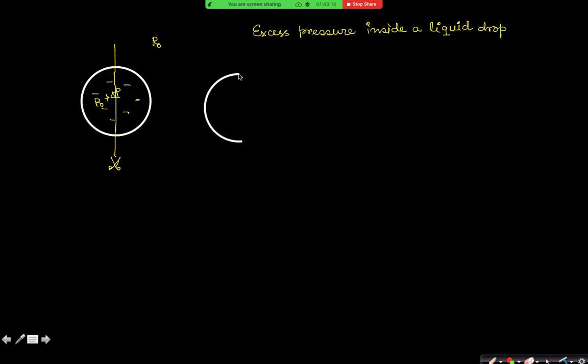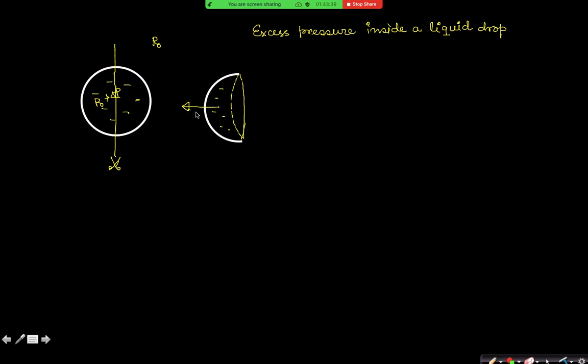Look, in this left segment, this is a hemisphere, a solid hemisphere-like thing, right? And the excess pressure delta P is inside. So this excess pressure is trying to give a force towards the left side.